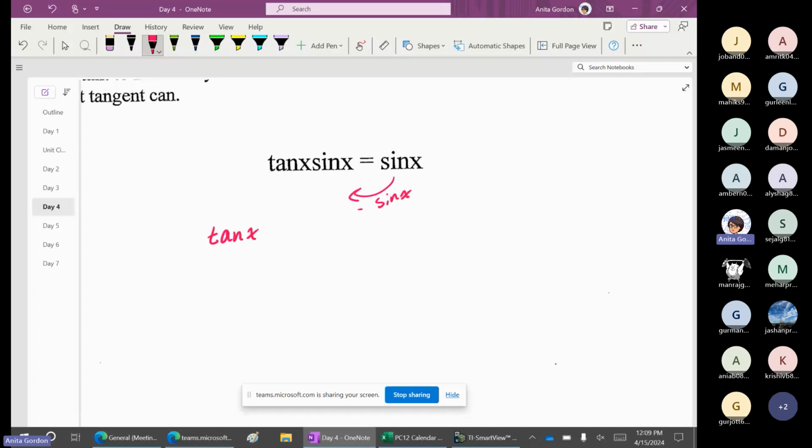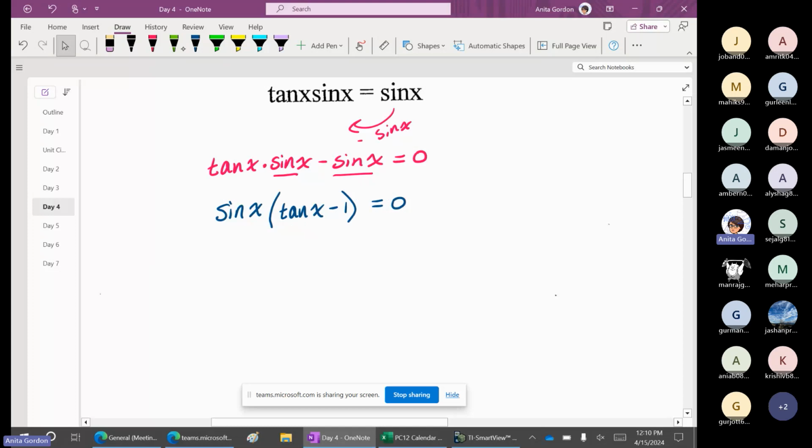Tan x times sine x minus sine x equals 0. So it equals 0. That's good, but I want it in factored form. What's my next thing? Factor out sine x. Sine x, bracket, what's left over? Tan x minus 1. Perfect. Equals 0. Now it's in factored form.